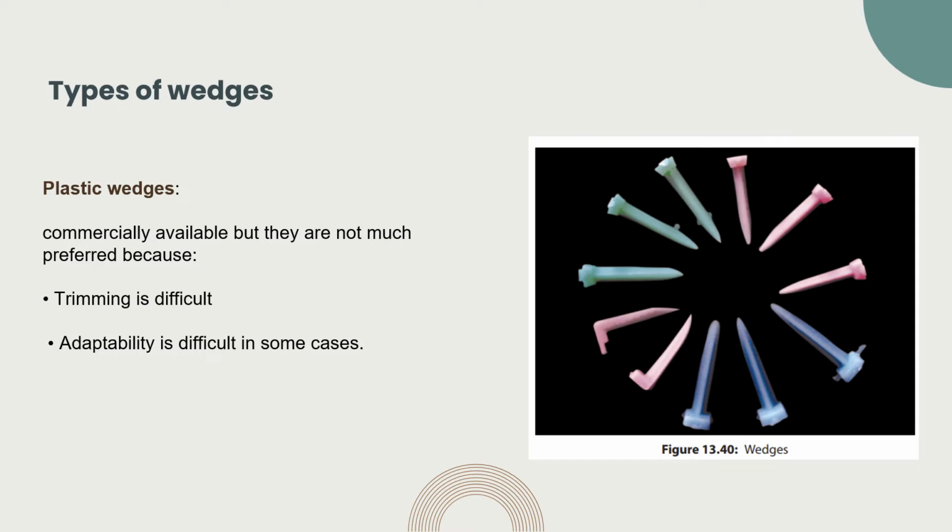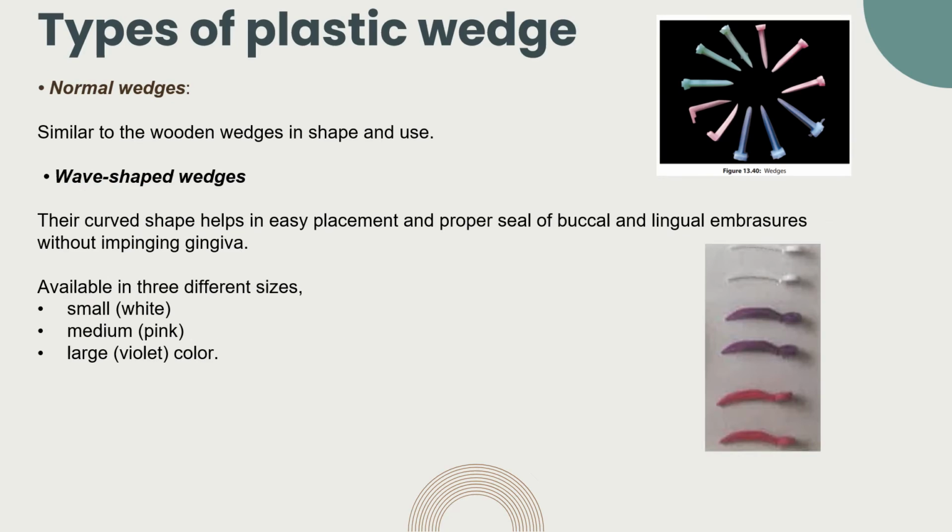Coming to the plastic wedges, they are commercially available but they are not preferred compared to the wooden wedges because trimming is difficult and adaptability is difficult in these cases. The various types of plastic wedges are the normal wedges, which are similar in design to the wooden wedges.